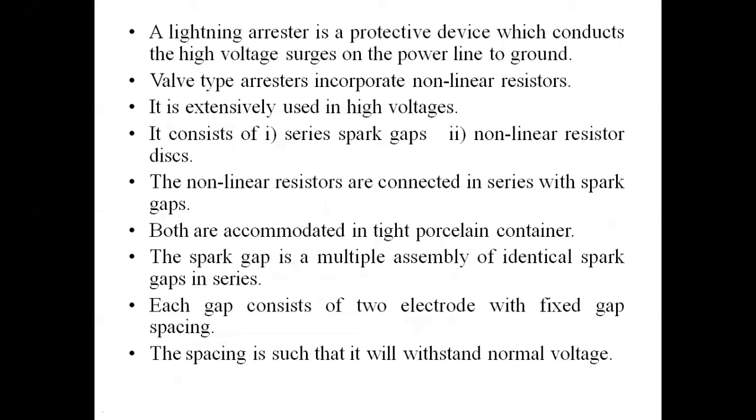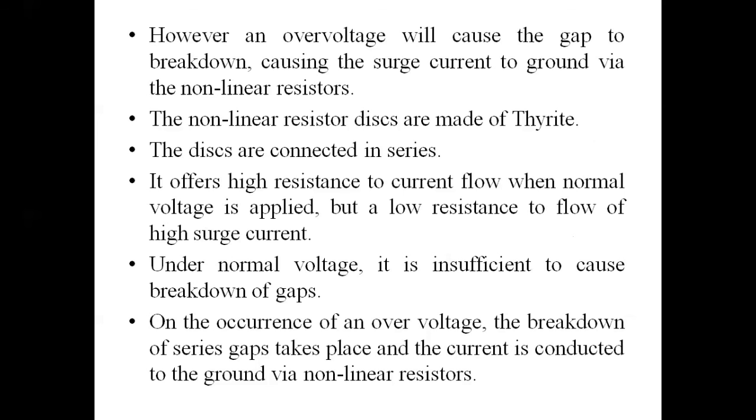And all this assembly is accommodated in a tight porcelain container. Whenever there is a high voltage, the breakdown of the series gaps takes place and the current is conducted to the ground via the non-linear resistors. This is how the valve type lightning arrestor works.